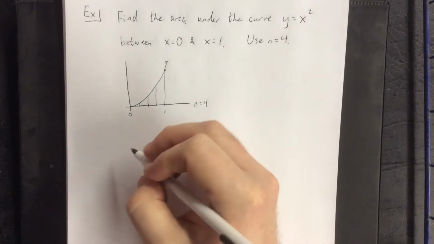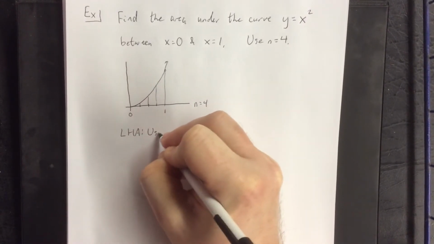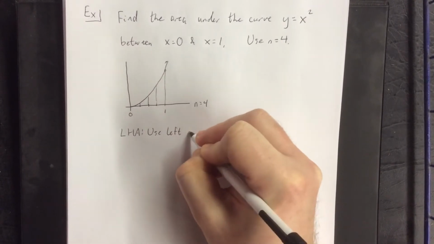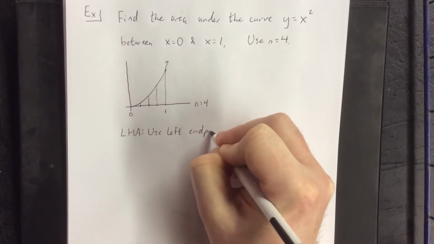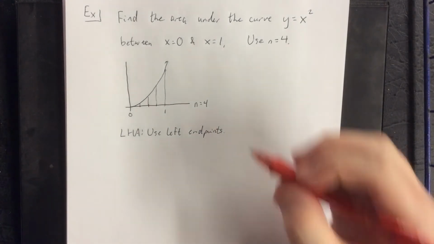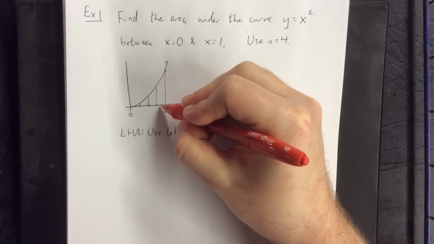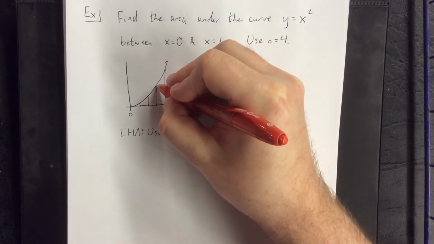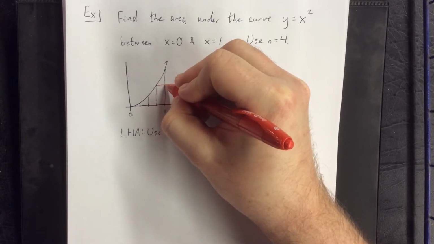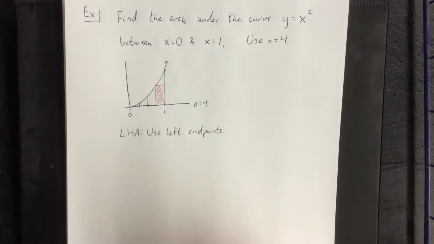I'd like to start this process by using a left-hand approximation. So use left endpoints. I'm actually going to start on the right-hand side. For the last interval, the left endpoint would be this value right here, and if we connect this over to here, this is the area that we are going to be using to approximate the last interval.